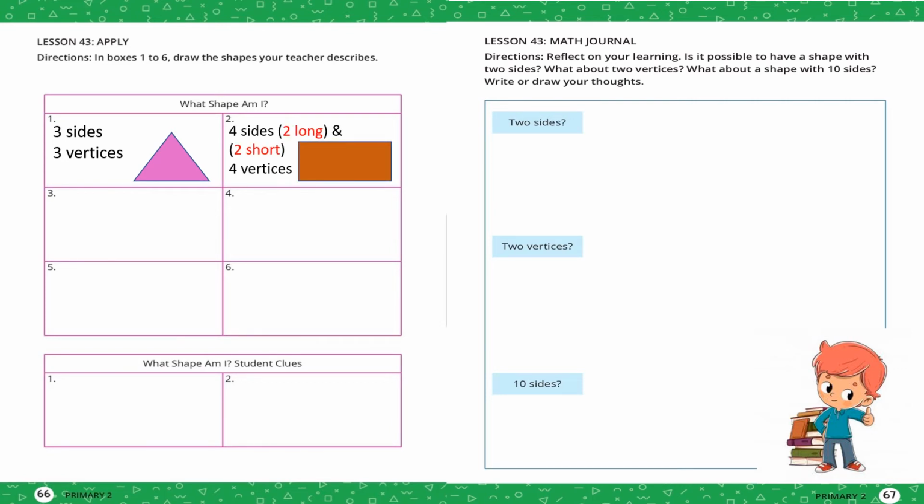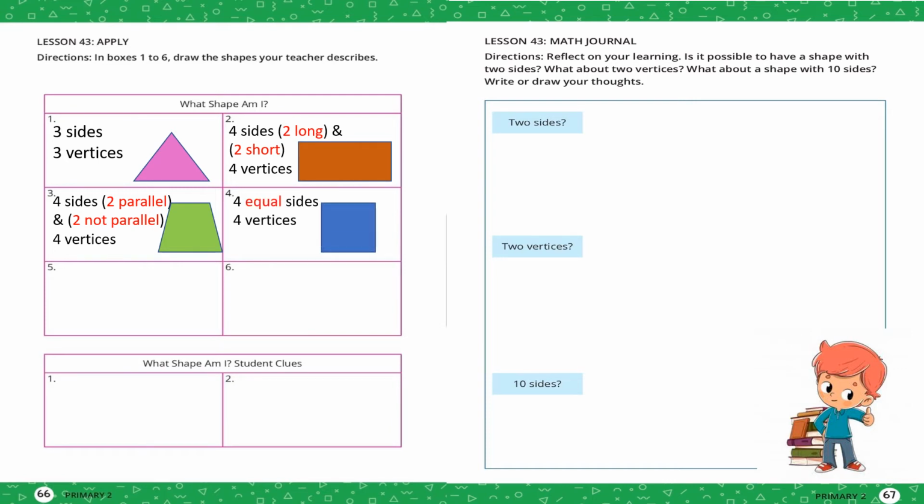How many sides for a rectangle? 4 sides, 2 long and 2 short, and 4 vertices. In number 3, we will draw a trapezoid, or trapezium. 4 sides, 2 parallel and 2 not parallel, and 4 vertices.